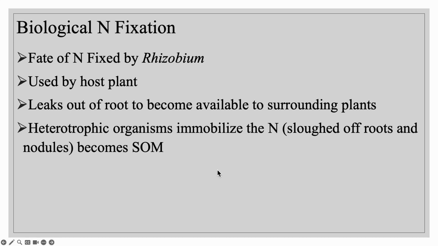So once that nitrogen has been mineralized from inorganic to organic, it can undergo the rest of the processes within the nitrogen cycle. And so the goal of that is to be used by the host plant. It can be leaked out of the root and become available for some other surrounding plants or organisms.